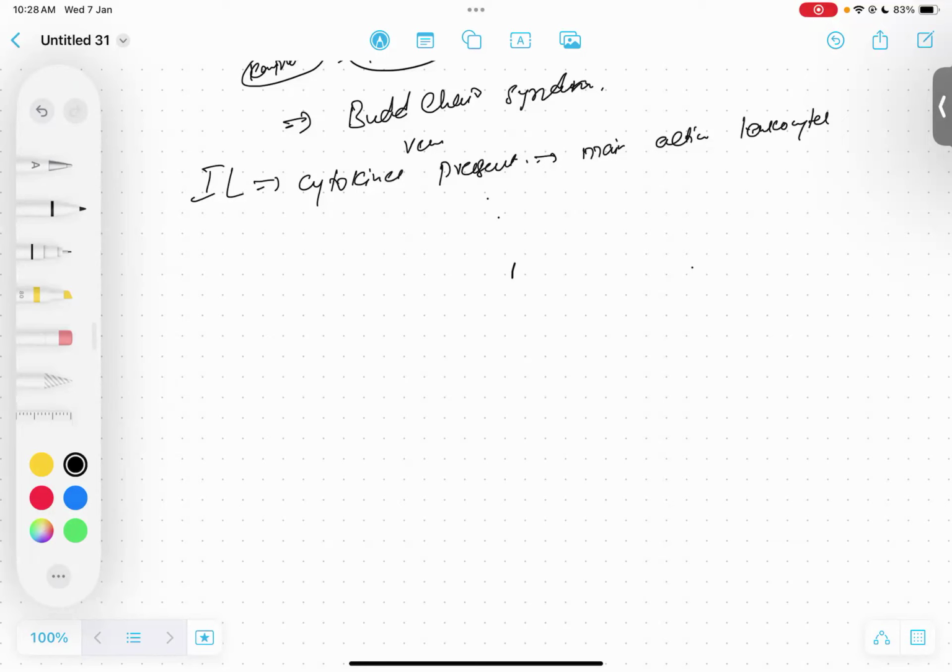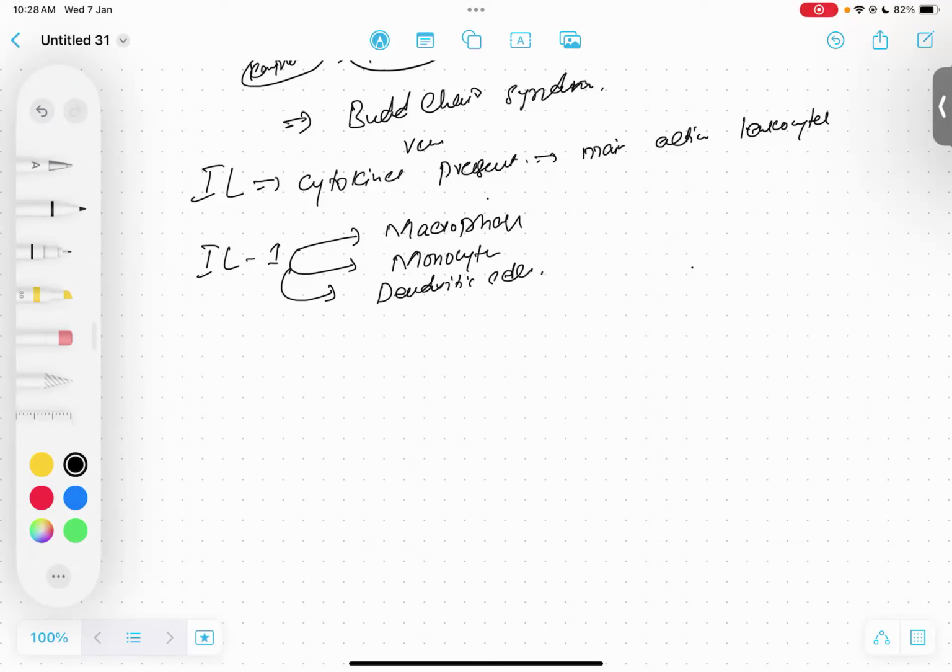The main source of interleukin 1 is macrophages. The second source is monocytes. The third one is dendritic cells.